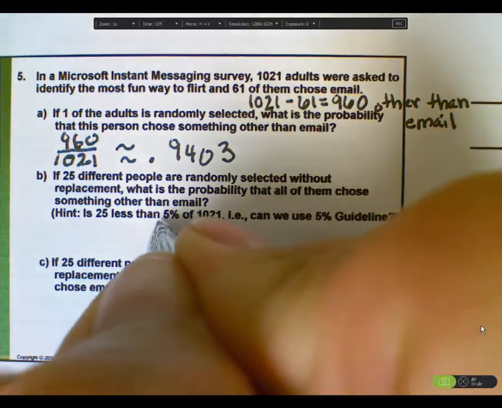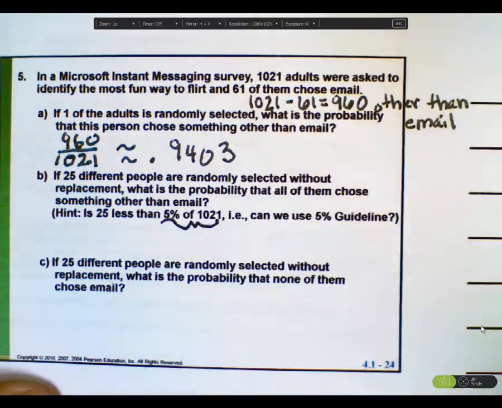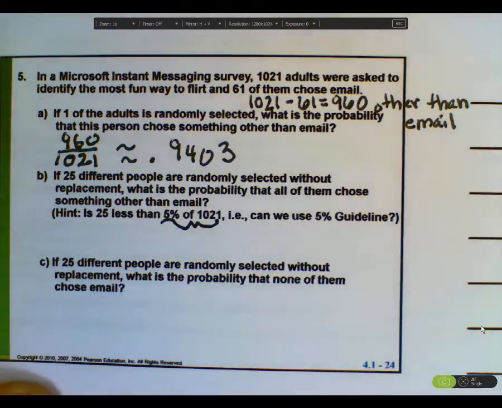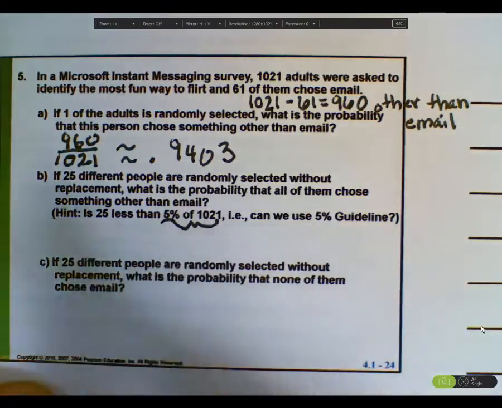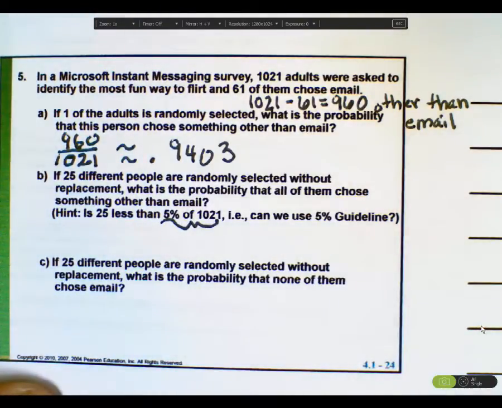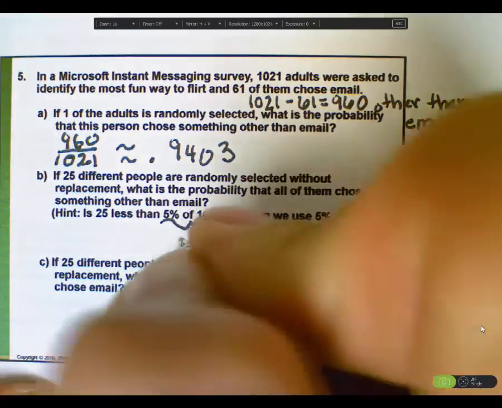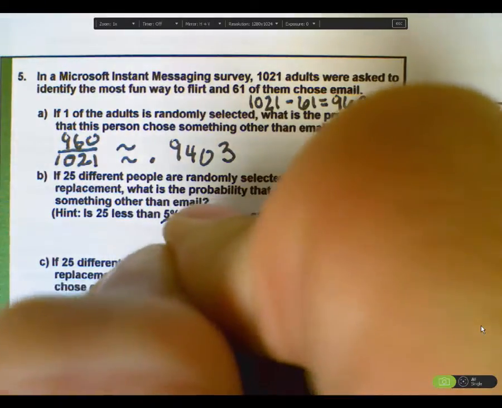5% of 1,021 is about 10%, and then half of that. Not doing so great in my head right this minute. That's about 51 people.